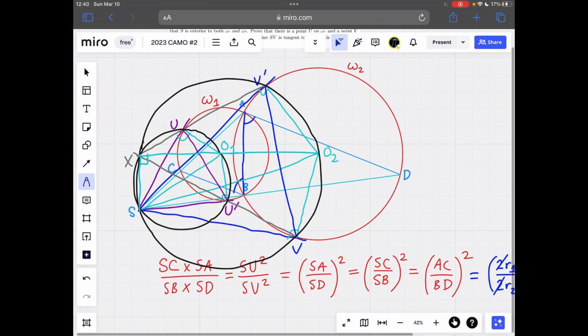So O2V prime equals O2V. And that implies by fact 5 that line XO1O2 is indeed the angle bisector of the two lines formed by XUV prime and XU prime V.